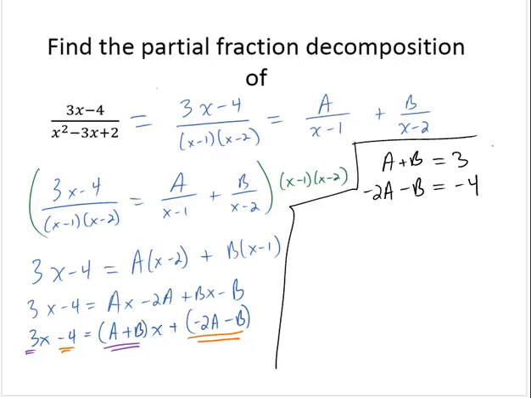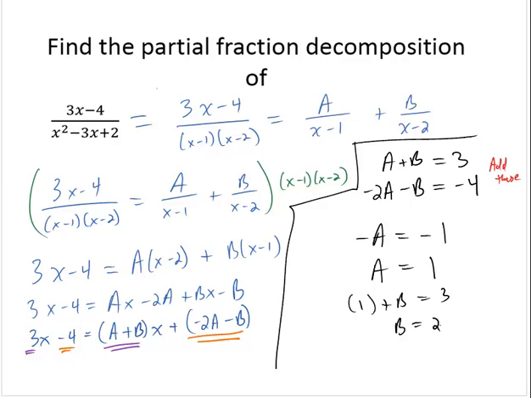Notice I can immediately combine these equations. I can add these, and that would give me −a = −1, which implies that a = 1. And if a = 1, then 1 + b = 3, which implies that b = 2.